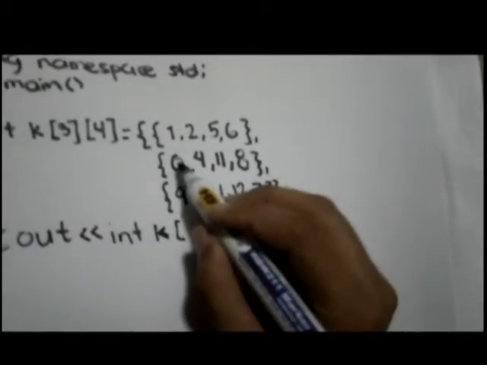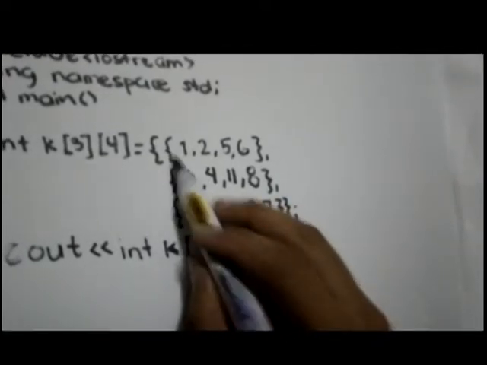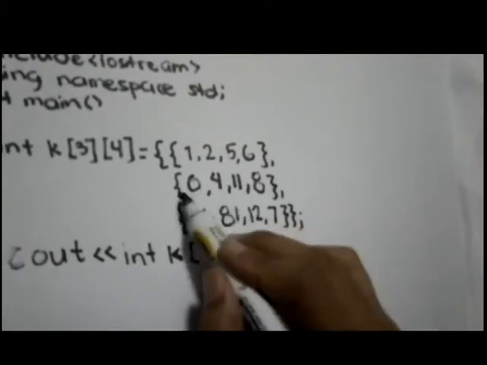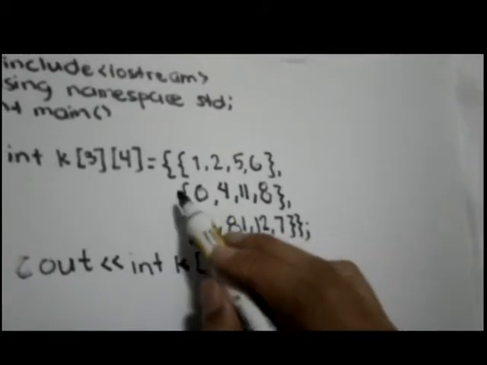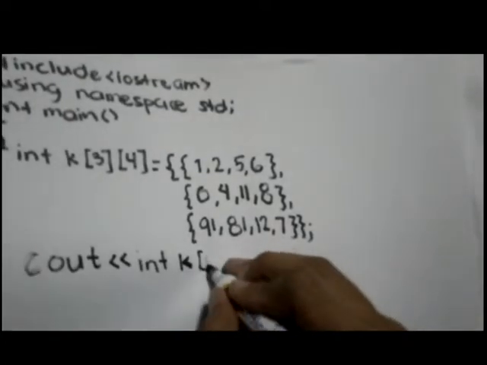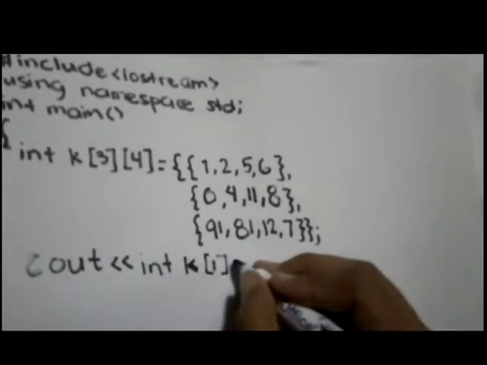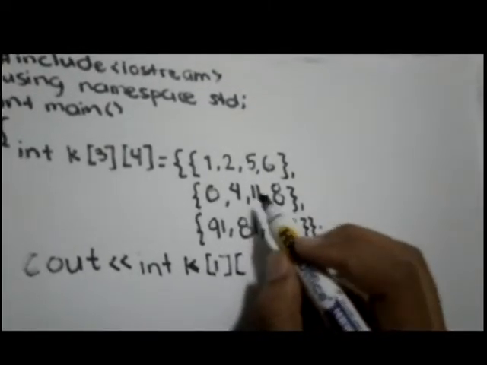It can be found in the second row, so it will be counted as 0, 1, 2. So 11 can be found in the second row, which has an index of 1. And the number 11 can be found in the third column.